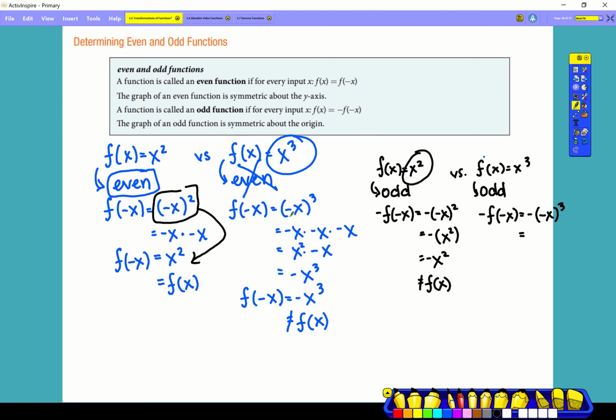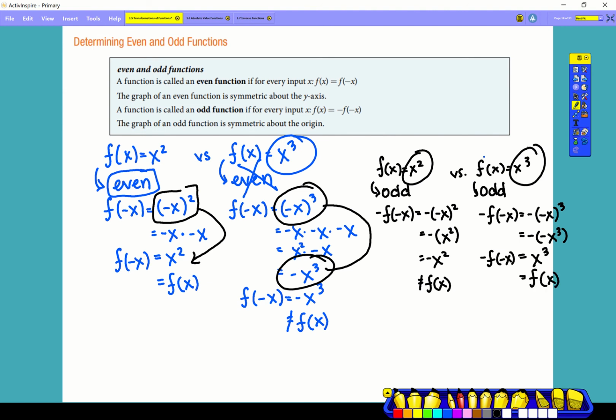Remember that negative x cubed, right here, is equal to negative x cubed. So we're going to have negative of negative x cubed, which gives us x cubed. And notice that we get our original function, x cubed. So that means that x cubed is odd, but x squared is not.